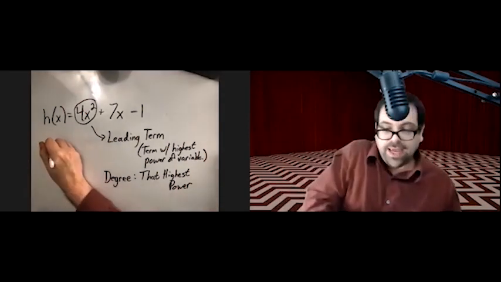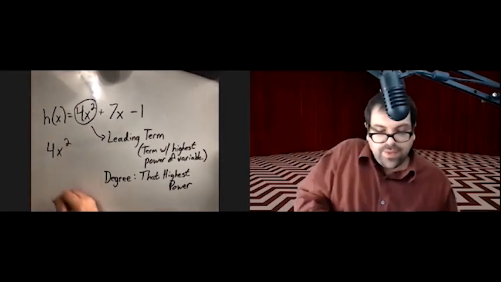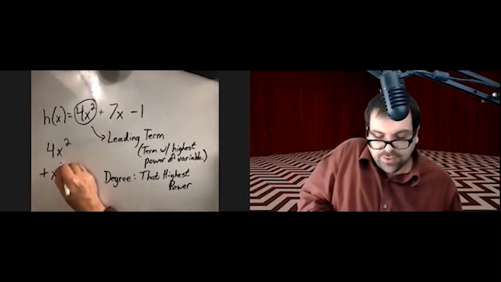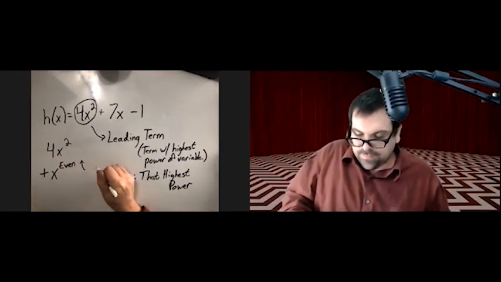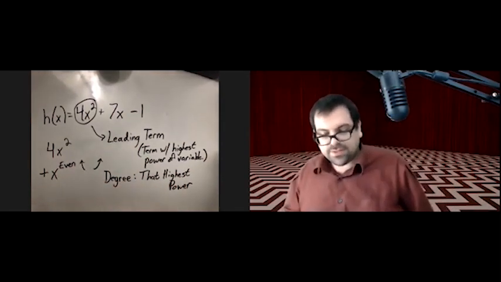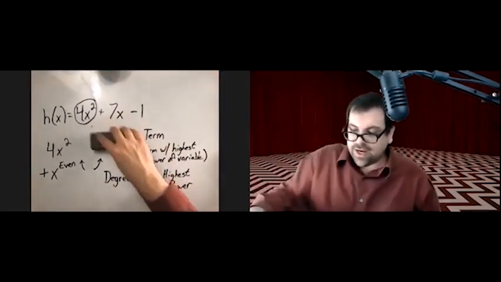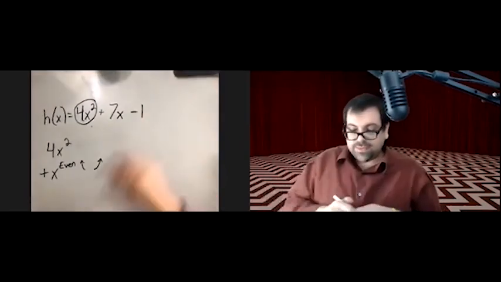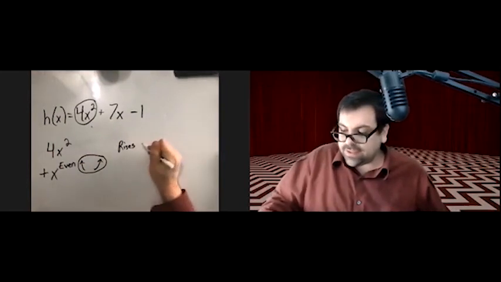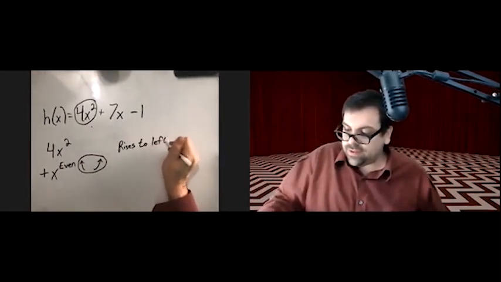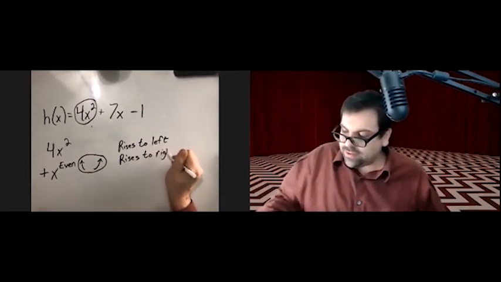In this case, we're looking at 4x squared. That is a positive x to an even. So just like x squared, it's going to rise to the left and rise to the right. So if we had to write out the end behavior, that's one way of doing it. Or we can say rises to left, rises to right.